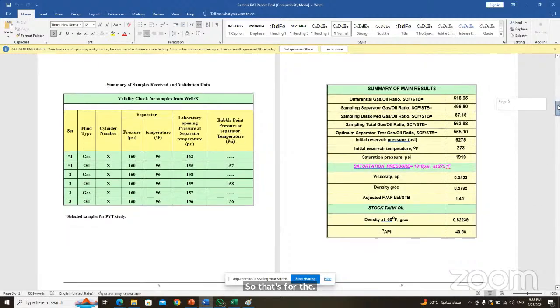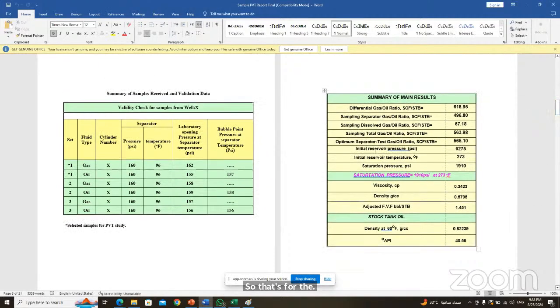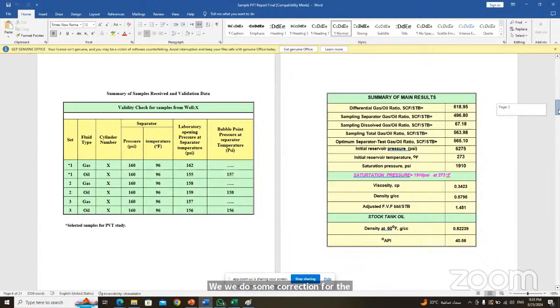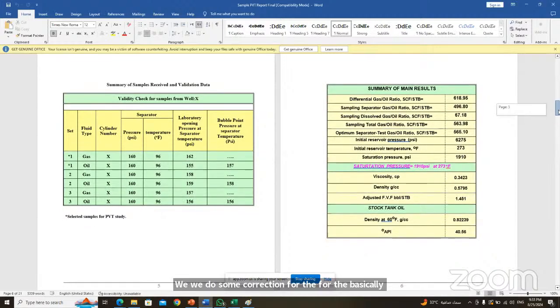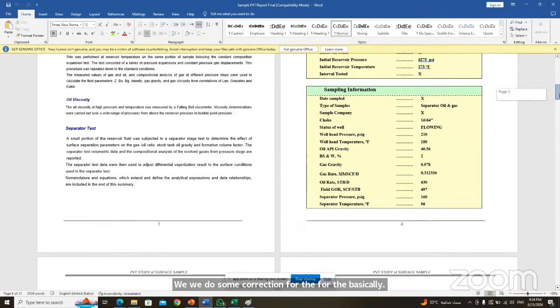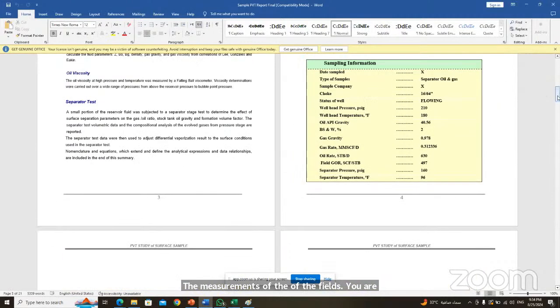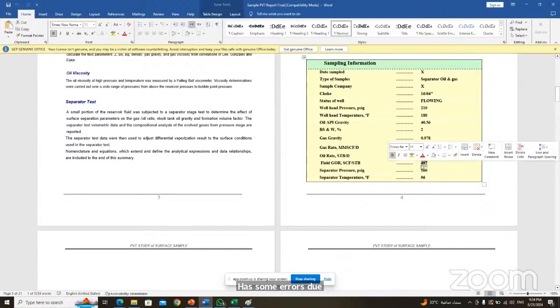When we take the sample, we do some correction for the GOR. Basically, the measurements of the field GOR have some errors due to the measurement method in the field. We measure the actual specific gravity of the gas in the lab and use that value to correct the GOR a little bit.